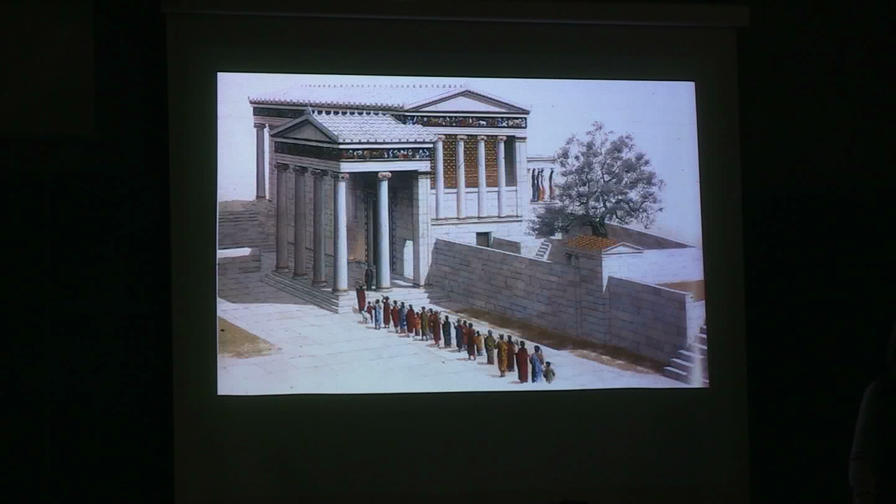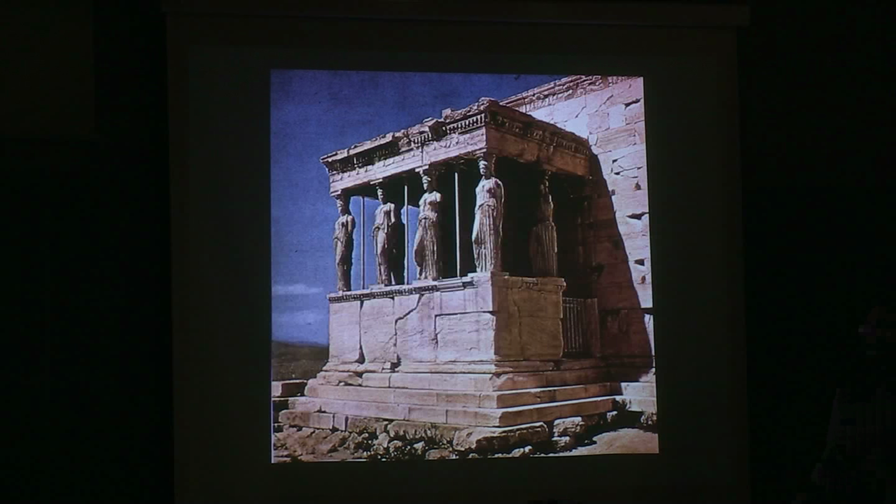So the polychromy of ancient Greek architecture is an aspect that we should take into consideration when we are dealing with Greek architecture. Similarly, the caryatids who are carrying the porch were also brightly painted, which is a different impression than today.